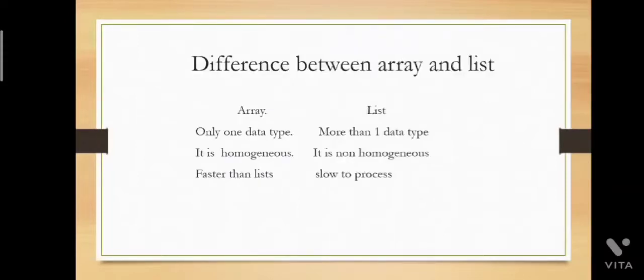Before going to the topic, first we have to know what is list and array. The array is a collection of items that should be in only one data type. And the list is a collection of items that may be in any data type, that is float, complex, integer or string.